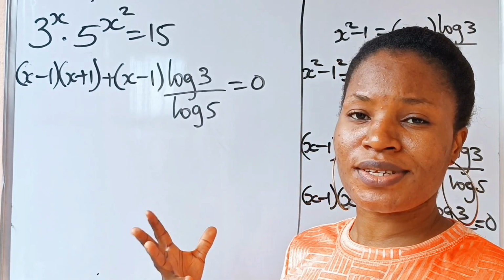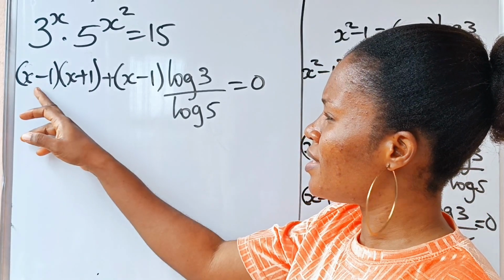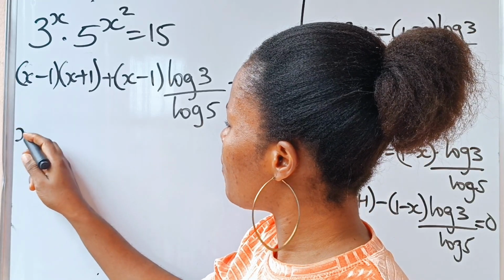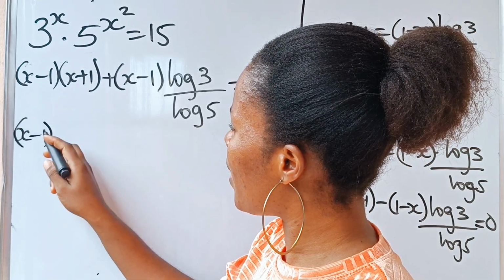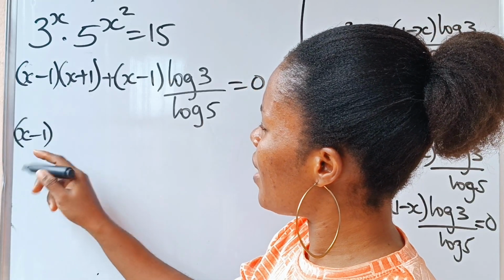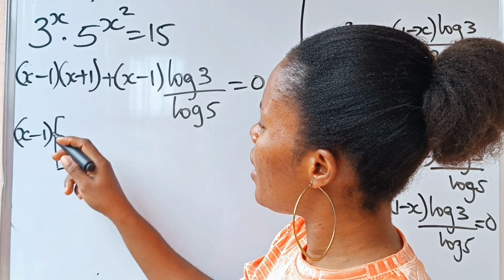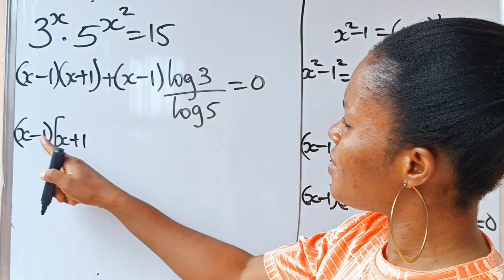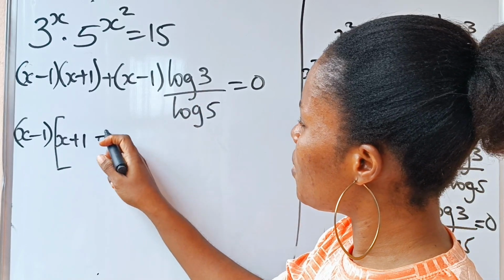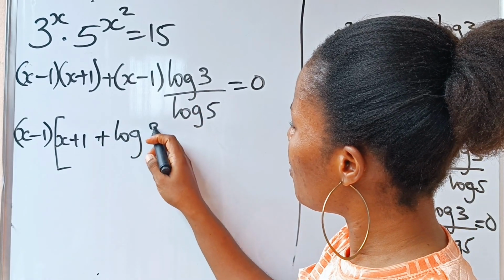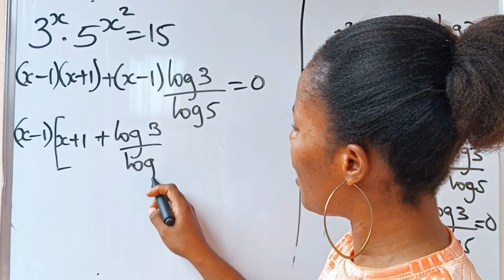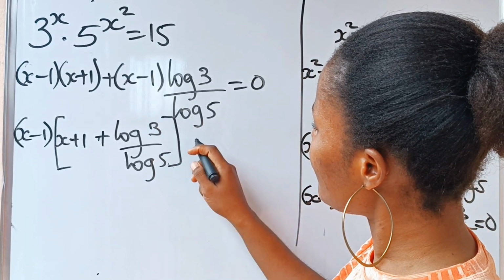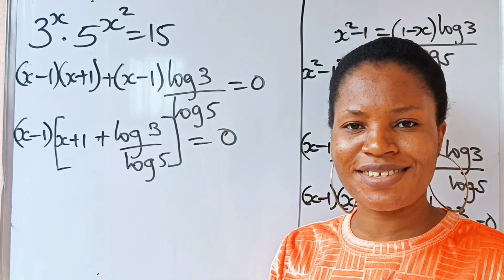Now I've gotten what I wanted. All this while, this is x minus 1, x minus 1. Let's factorize that out. So we have x minus 1 in brackets. When this is divided by this, only x plus 1 will remain, and when the whole of this is divided by this, we have log 3 divided by log 5 remaining. Now, everything is equal to 0.